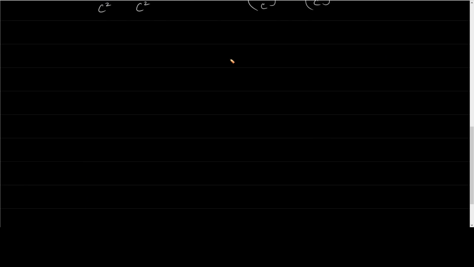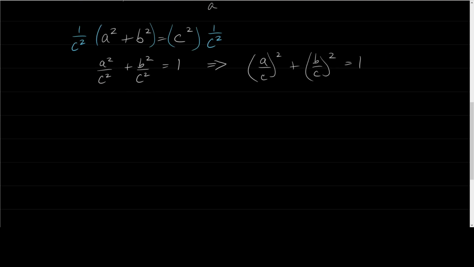So what we can do now is rewrite this as cosine squared theta plus sine squared theta is equal to 1, because a over c was cosine and it's being squared. B over c was sine and then it's being squared. Now in general, we don't really remember it in that order. We like to remember it as sine squared theta plus cosine squared theta is equal to 1.